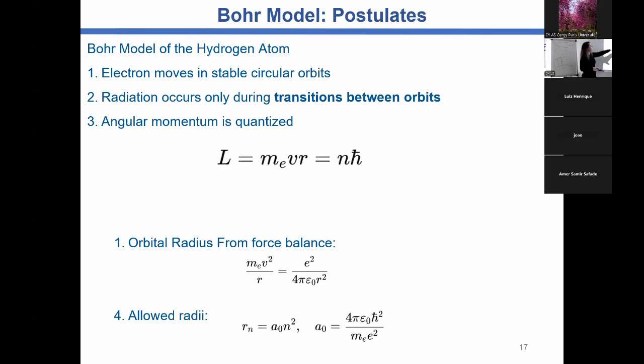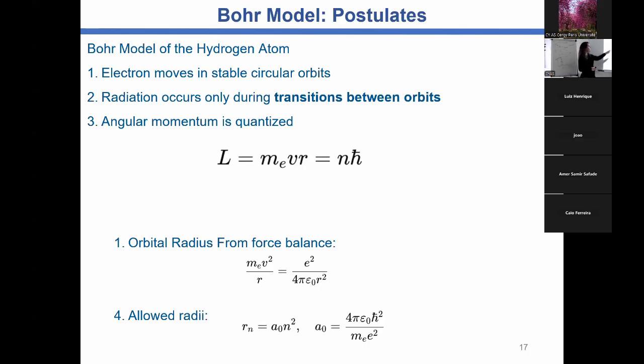The angular momentum of the electron will be described using its mass, the velocity, and the radius, which could be quantized using an integer quantum number and the Planck constant.